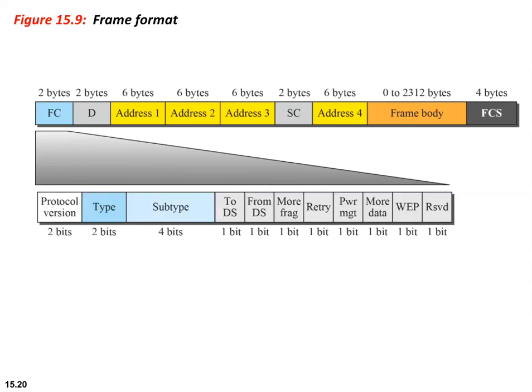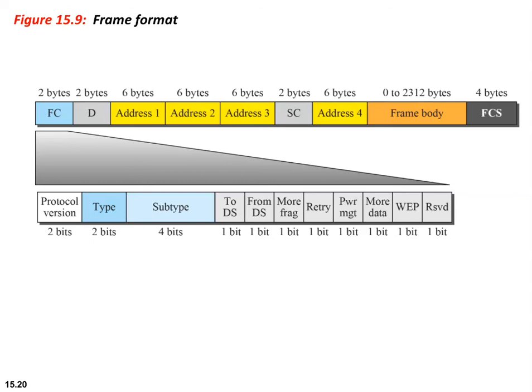This MAC layer frame consists of 9 fields. First is the FC field, the frame control field, which defines the type of the frame, the subtype of the frame, and whether the transmission is to the distribution system or from the distribution system. It is 2 bytes, 16 bits long.